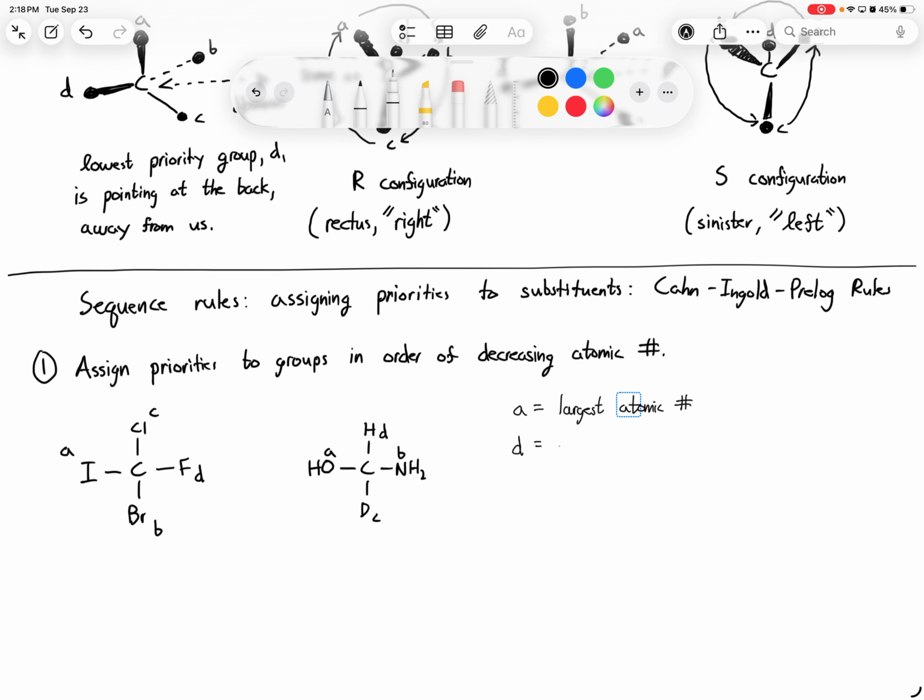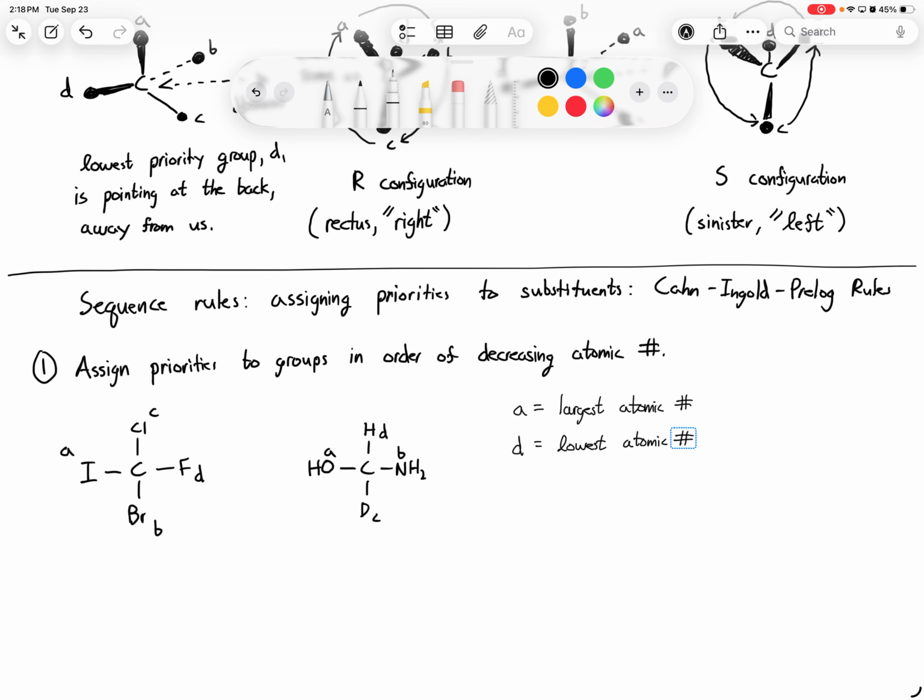D in this case is the lowest atomic number. All right, so which example? Okay, so does the first example make sense? Iodine, largest atomic number, furthest down the periodic table, and then fluorine, the lowest atomic number, highest on the periodic table based on these elements.